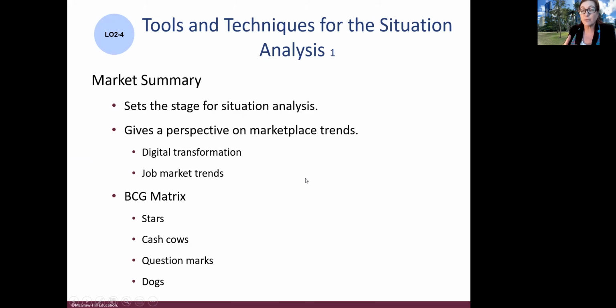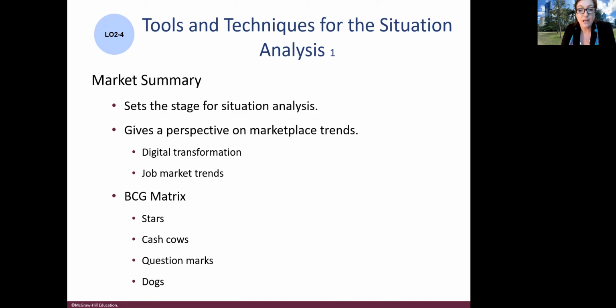So the market summary is enabling us to give a perspective on marketplace trends. And marketplace trends that we see specifically in the current market are definite job market trends such as remote work and digital transformation all round.